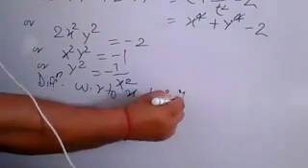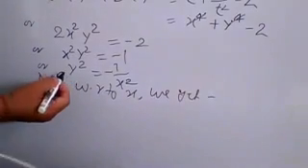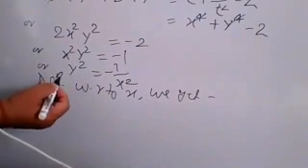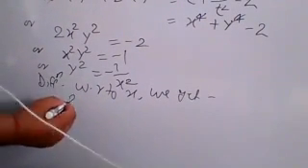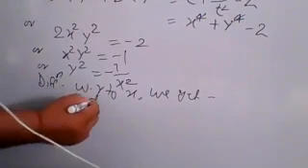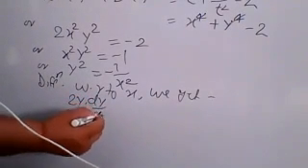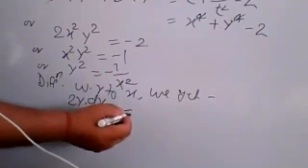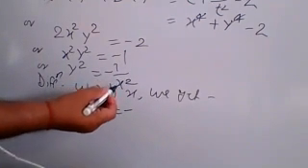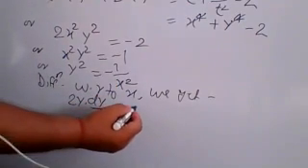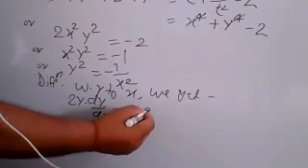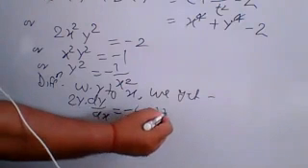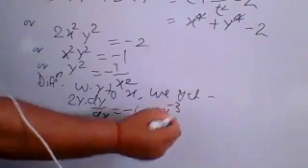Differentiating with respect to x, we get the derivative of y square as 2y into dy by dx, and on the right, minus 1 upon x square can be written as minus x to the power minus 2. So its derivative is minus 2 into x to the power minus 3.